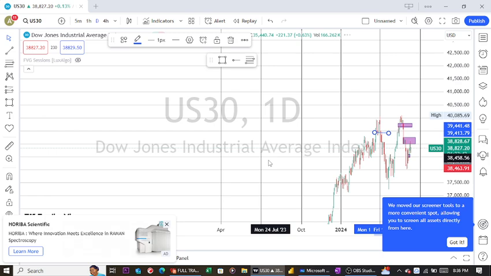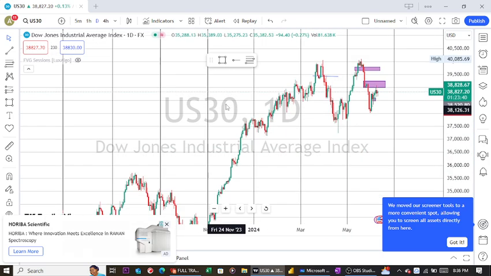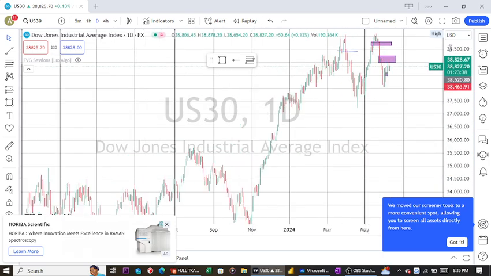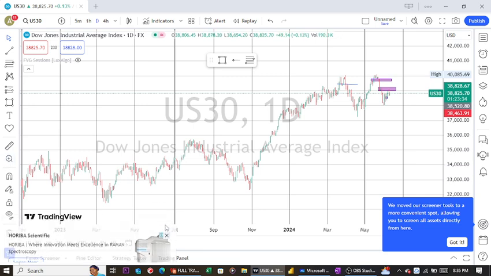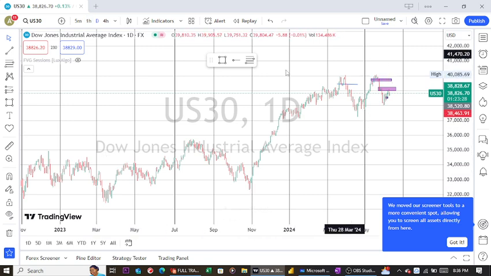Now I'm reducing my laptop screen and I want to make a decision based on what I've seen here. This is the daily chart. In this daily chart there are key zones I will draw out. The key zones that I'm drawing out on the daily chart are very strong zones.